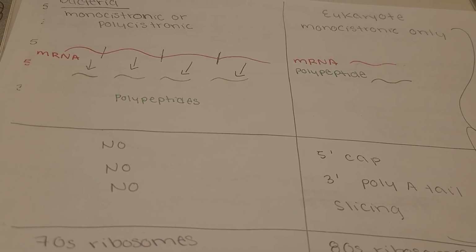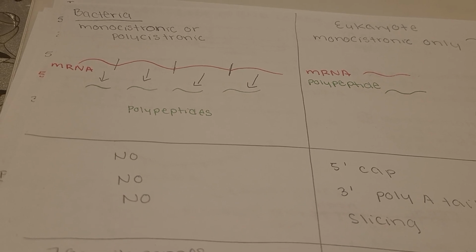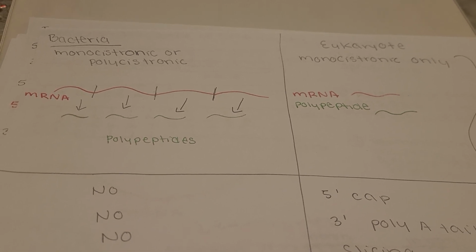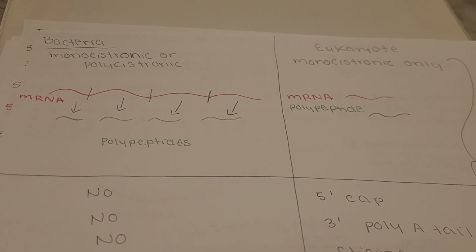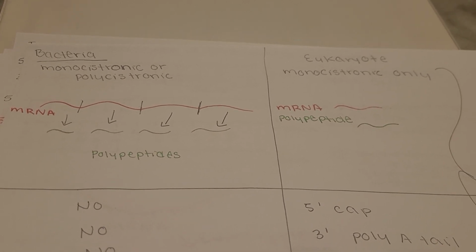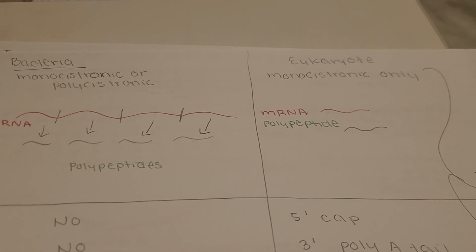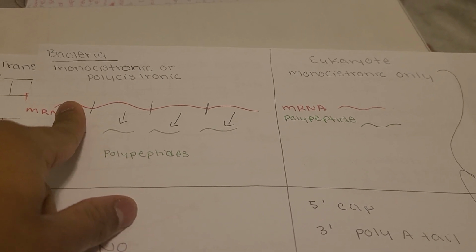Polycistronic means that the mRNA can encode for many polypeptides, while in monocistronic, one mRNA encodes for one protein and one polypeptide. So that's what is shown in the figure here.